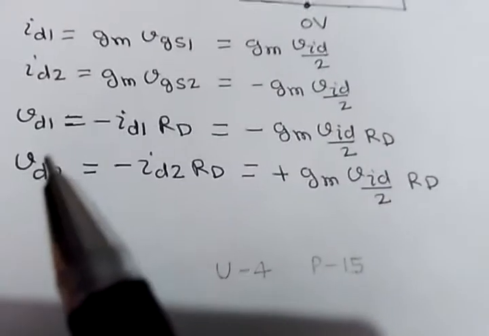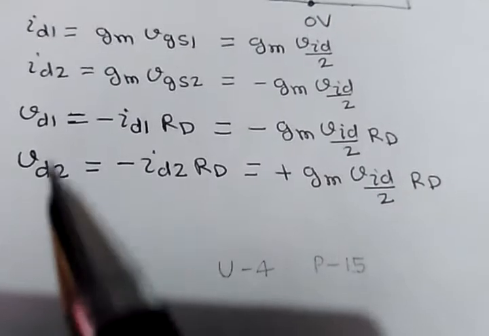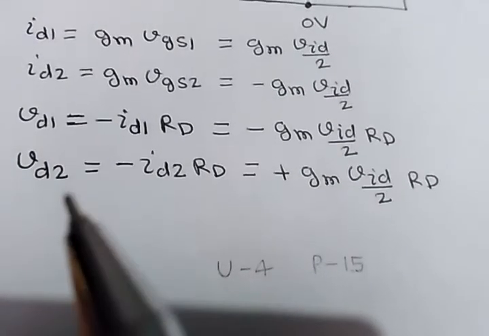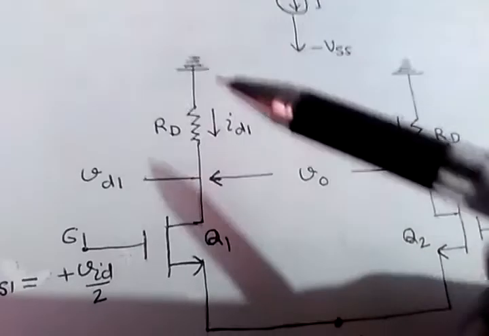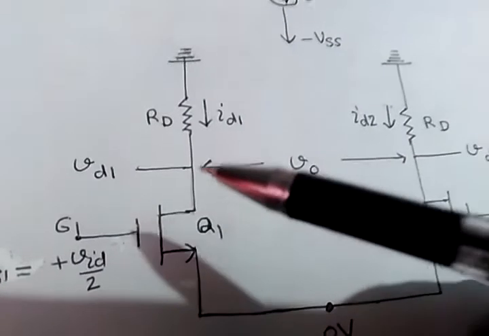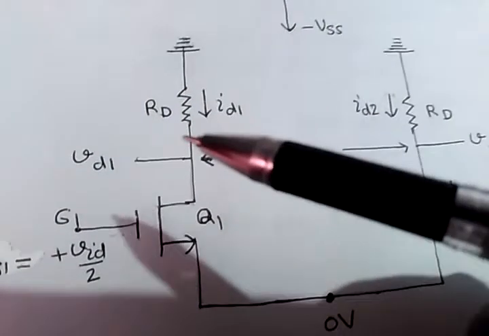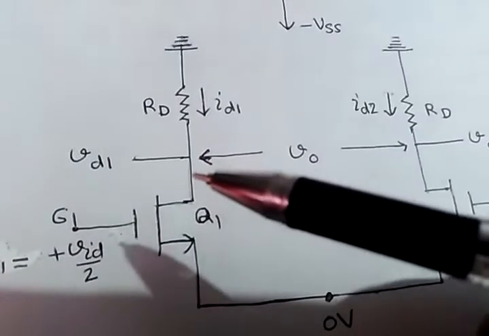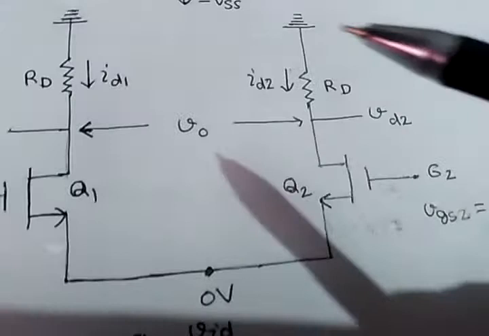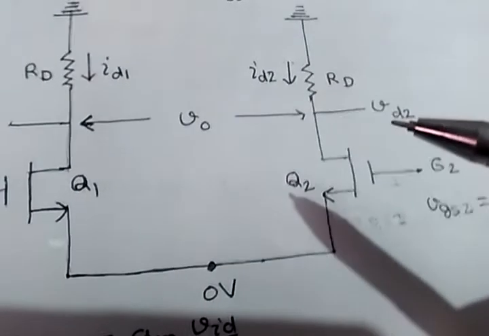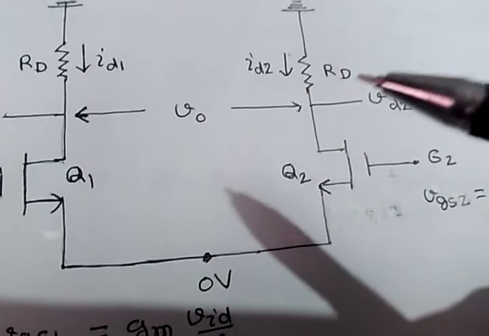Now we have to find VD1 and VD2, the drain voltage of Q1 and drain voltage of Q2. So see here, 0 minus VD1 is the voltage across RD. So 0 minus VD1 will be ID1 into RD. Similarly, 0 minus VD2 will be ID2 into RD.